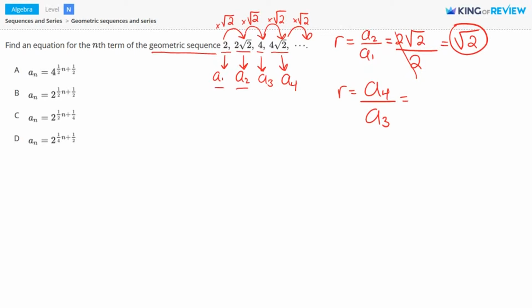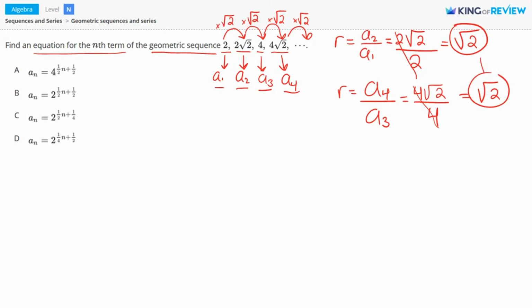So A4, which is right here, this is 4 square root 2, and A3, here, that's a 4. The 4's cancel out, and we're left with square root 2. You see we're getting the same numbers here for the common ratio. In this problem, we're asked to find an equation for the nth term of this sequence.